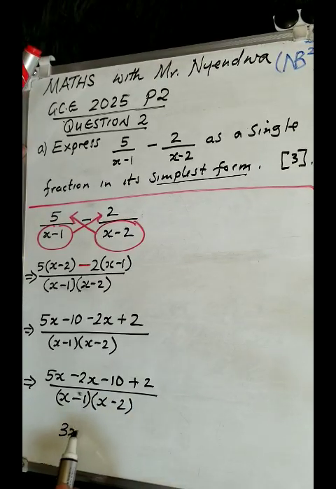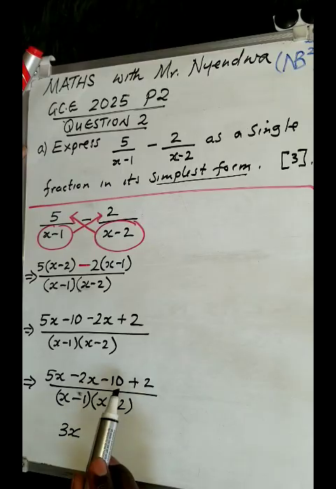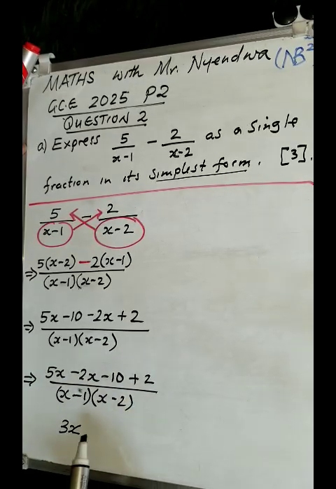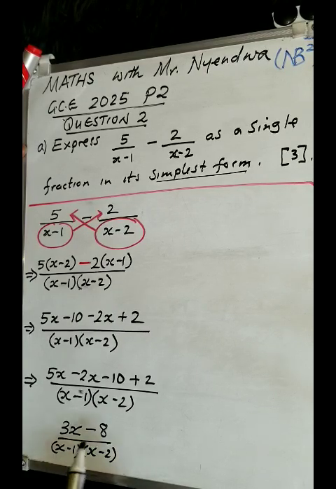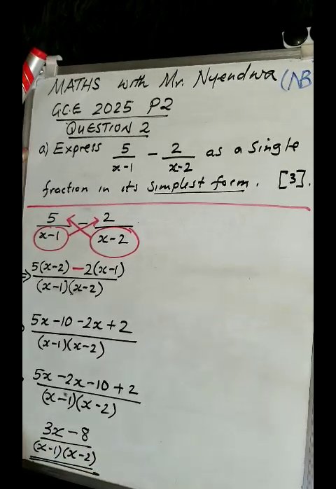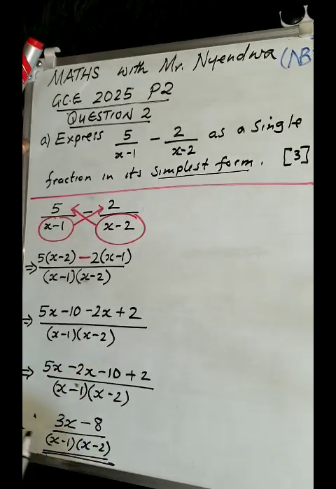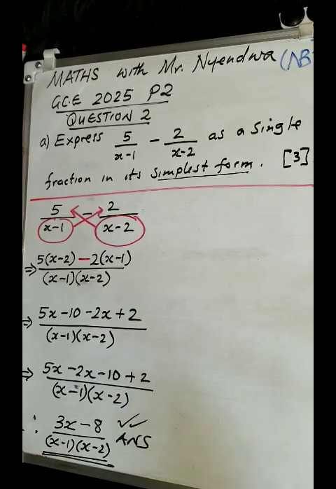That is going to give me 3x. Negative 10 plus 2, different signs, you subtract and take the sign of the bigger number. Therefore it will be negative 8 over x minus 1 times x minus 2. Can we simplify that further? The answer is no. So this is our final expression, the final answer that they wanted you to get.